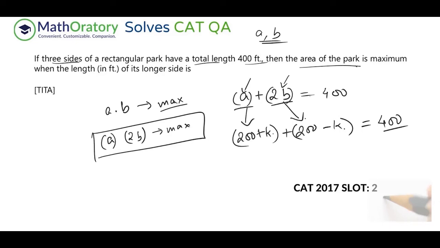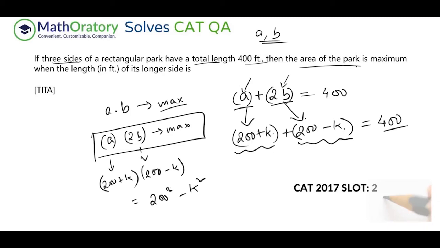So now A into 2B is what? Basically, this is 200 plus K, and this is 200 minus K, right? Now we are multiplying these two. So this is something like 200 square minus K square, isn't it?